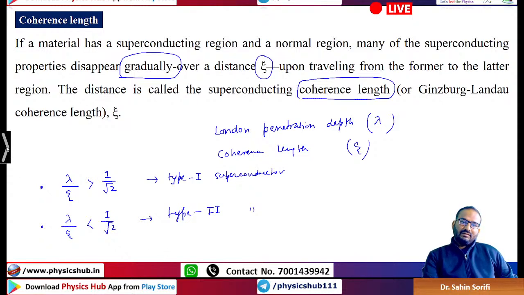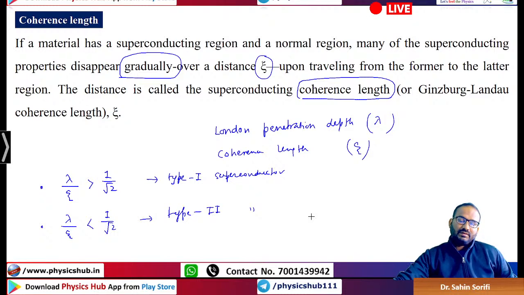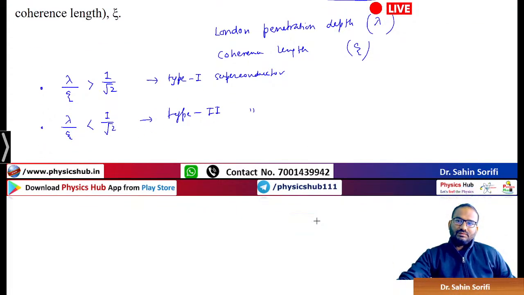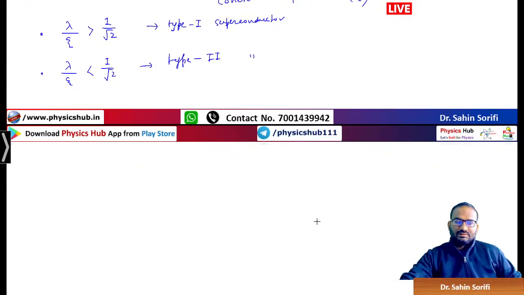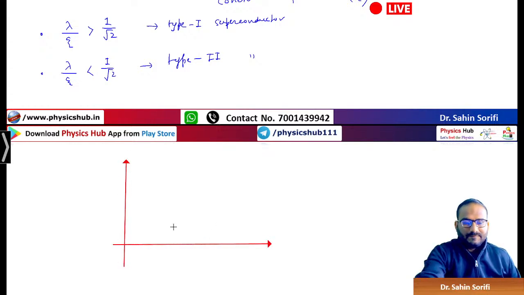Now regarding the value of Hc1 and Hc2, for type 1 there is no issue, for type 2 we have to keep a few things in mind. So let's draw type 2 again.